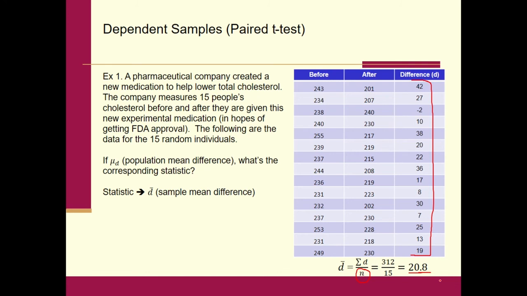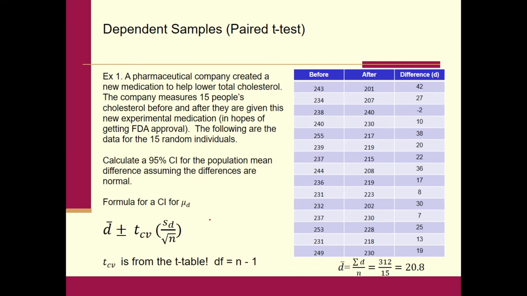Of course. But here we got it to be positive, and that means that the cholesterol actually lowered after taking the pill. Now, can we take these results for just these 15 people and apply it to the entire population of everyone who's going to be taking this new pill, this new medication? Well, we have to see.